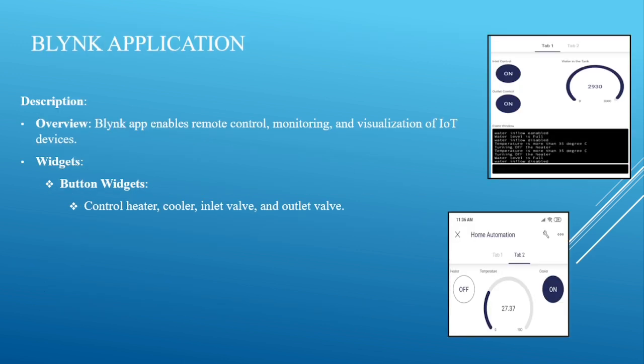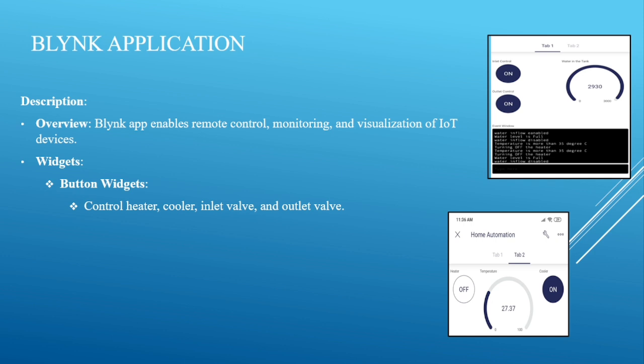Blynk application. The Blynk application enables remote control, monitoring, and visualizing of IoT devices in our home automation system. It provides a user-friendly interface to manage and oversee various components from a smartphone.